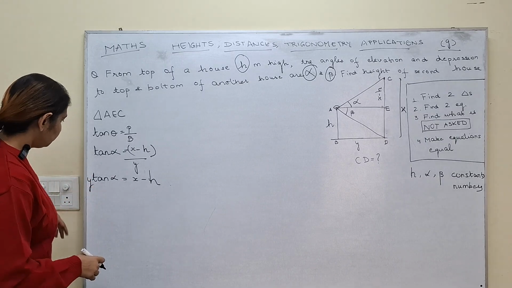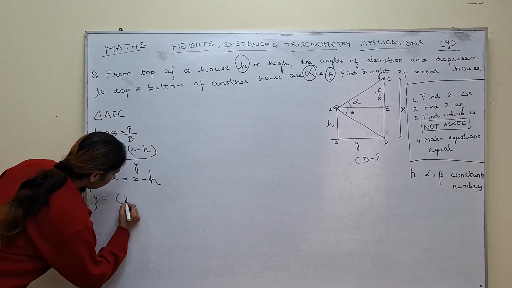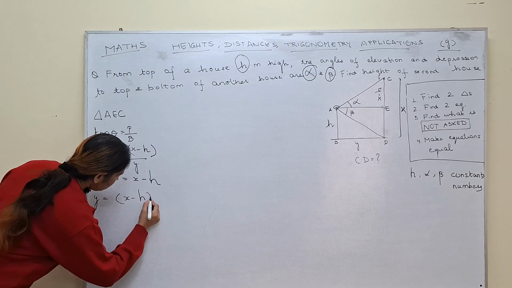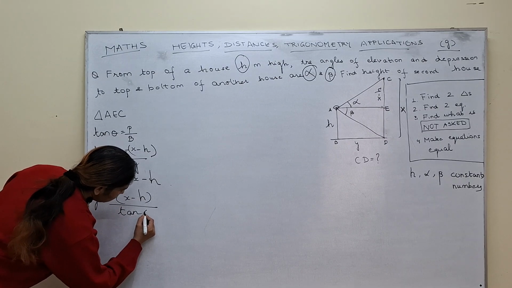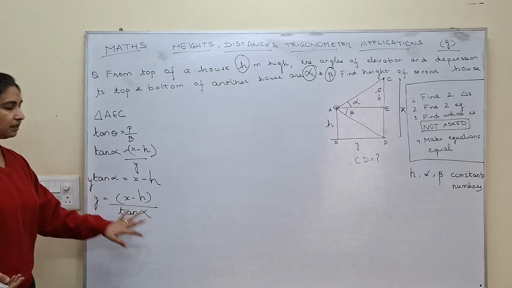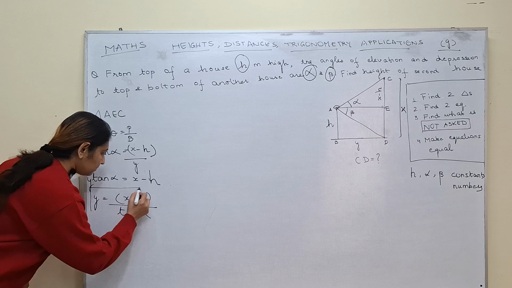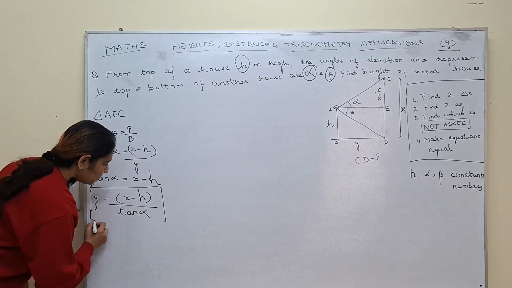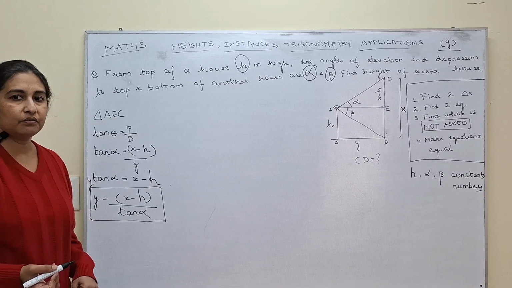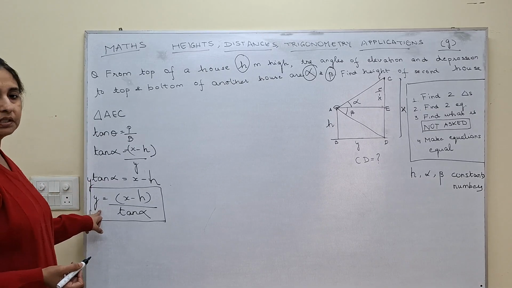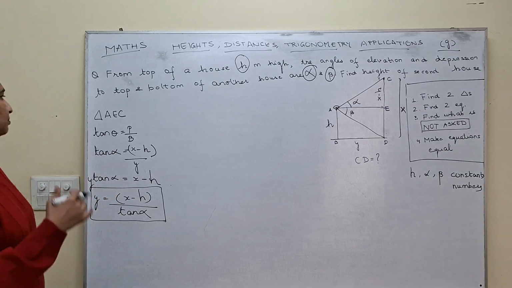So how will we find y? y will become x minus h upon tan alpha. Just bring it down. So that becomes the first equation, where we've found the value of the variable which we do not want as the answer.